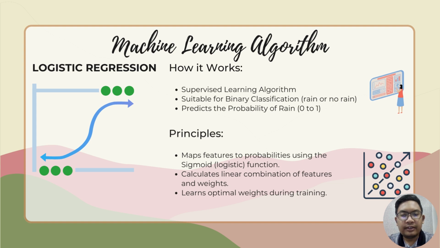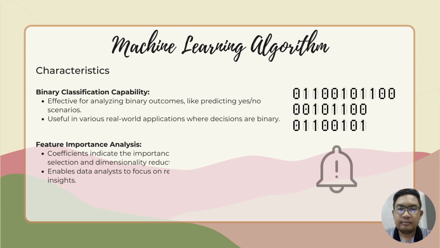It is a supervised learning algorithm suitable for binary classification, and it predicts the probability of rain. The principle is that it maps features to a probability using the logistic function, calculates a combination of features and weights, and finally learns the optimal weights during training.